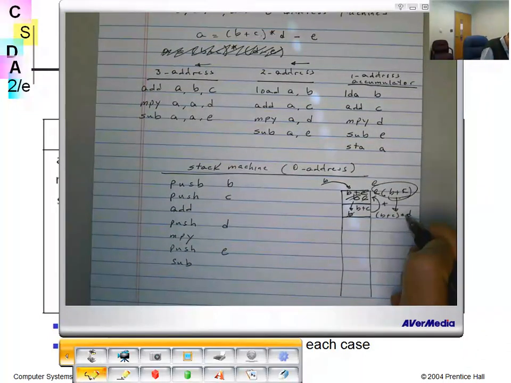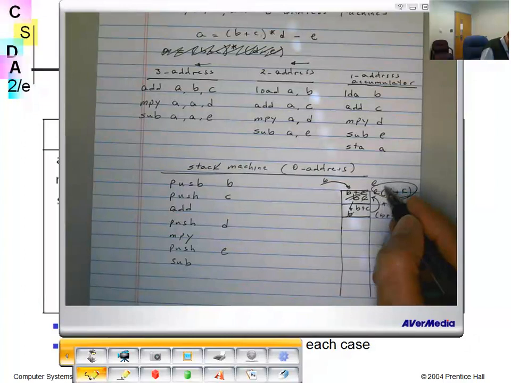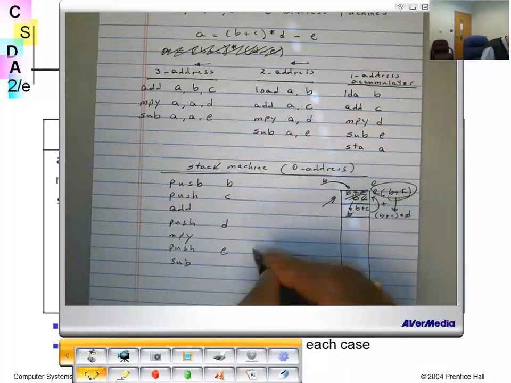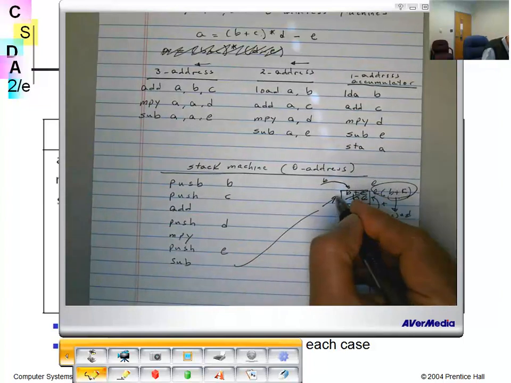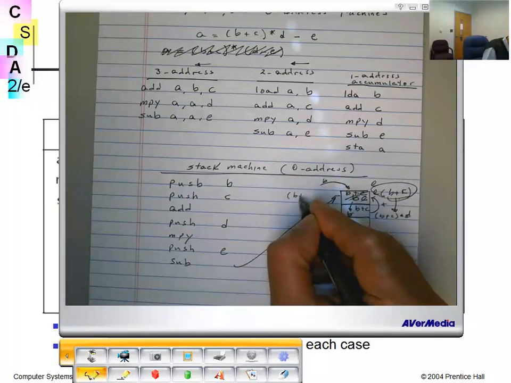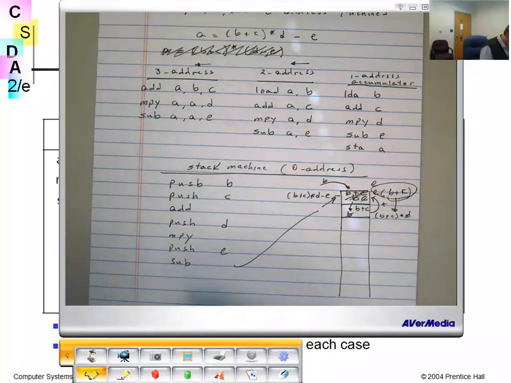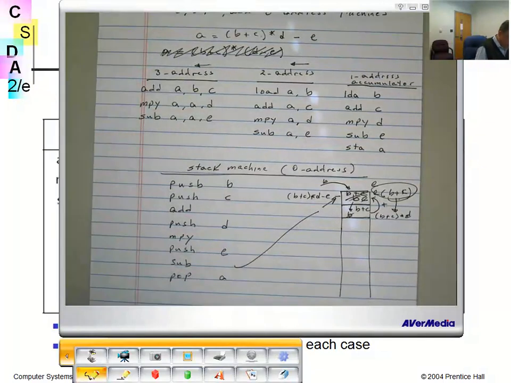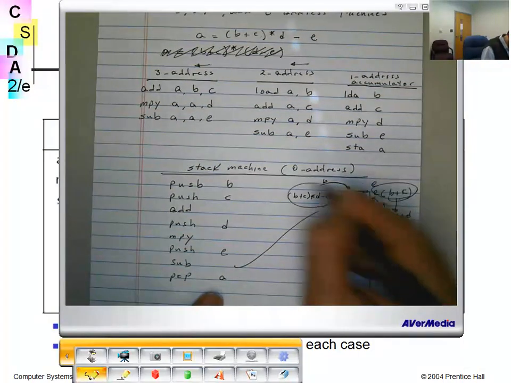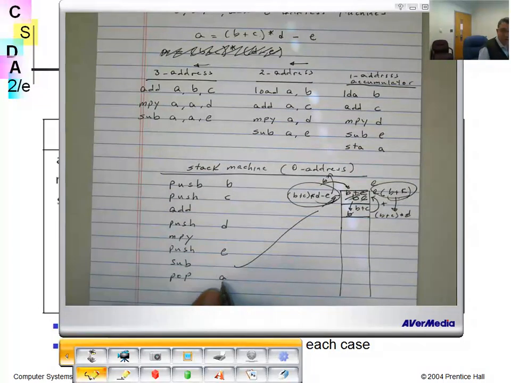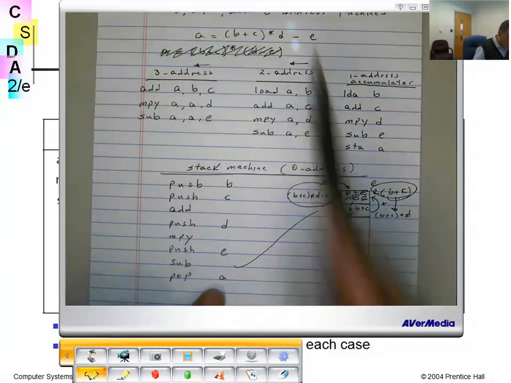So B plus C times D minus E comes up here. Right? So now at the end of these instructions, what do I have here? B plus C times D minus E. Now I say pop A, meaning take this one, pop him out, take him to the memory location A, and store him there. And that's exactly what we wanted to do.